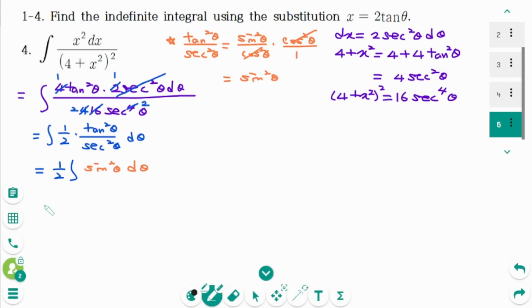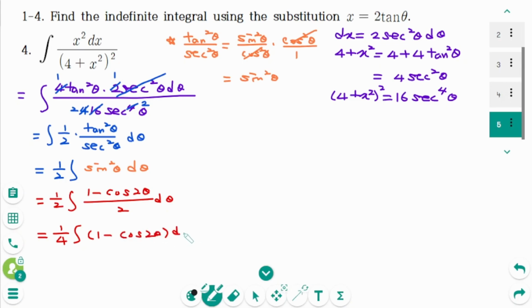Like this. Equals 1 over 2 integral of sine squared theta. The power of sine is even, so use the half angle identity for sine, which is 1 minus cosine 2 theta over 2 d theta. Then 1 over 2 times 1 over 2 is 1 over 4, the integral of 1 minus cosine 2 theta d theta equals 1 over 4 times theta minus, do you remember the formula?